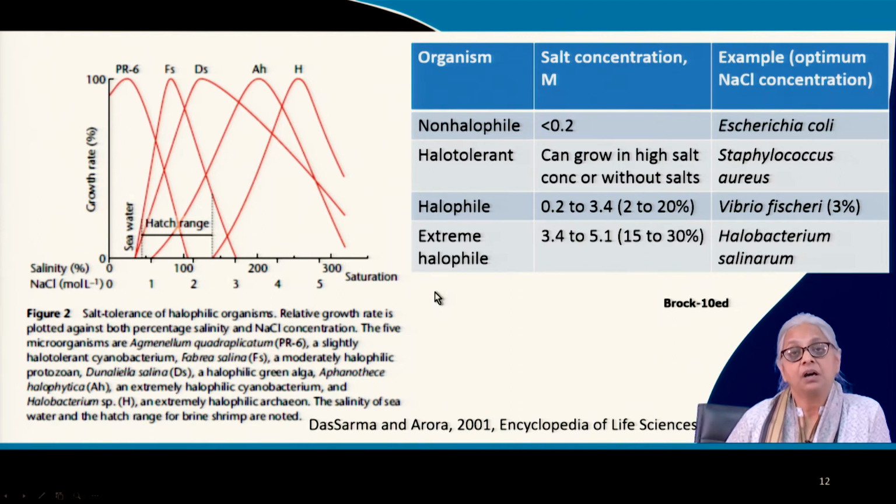So there are organisms on the planet that can withstand extremely high salt concentrations. And you can see another graph from a paper, and you can see the salinity levels as well as the examples of halotolerant as well as halophilic bacteria and algae. So there's a protozoa, yes.